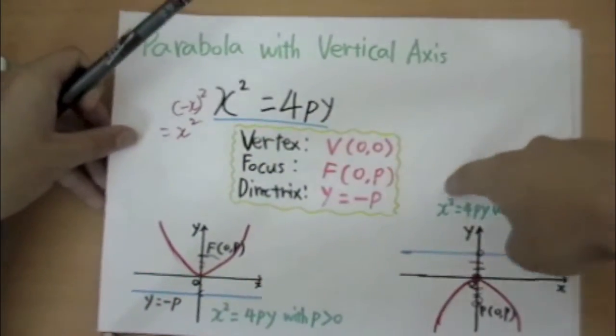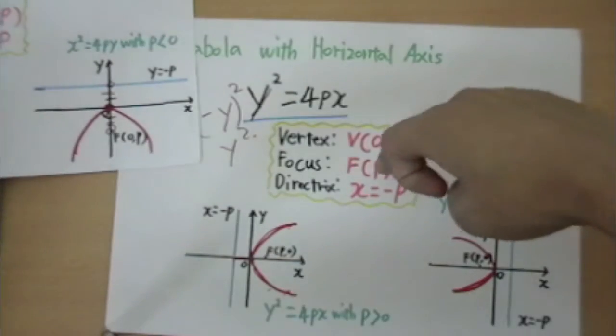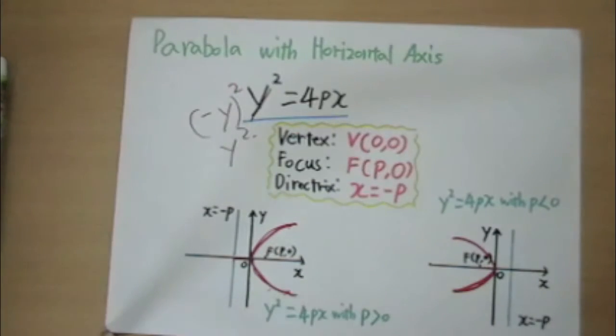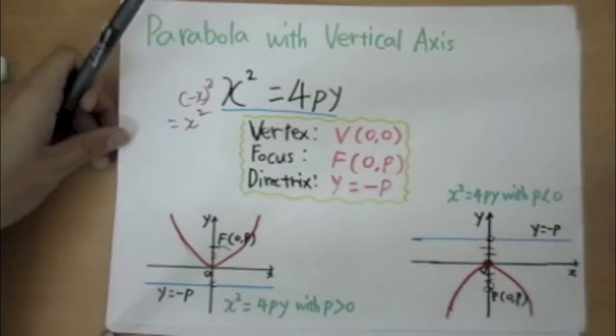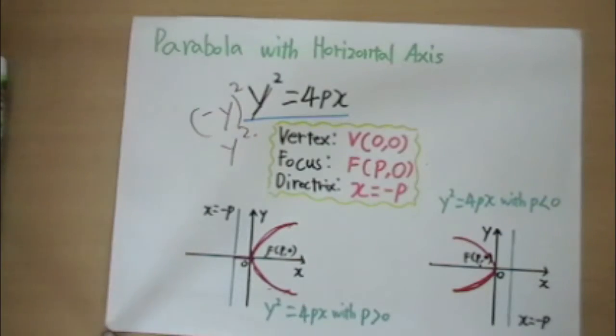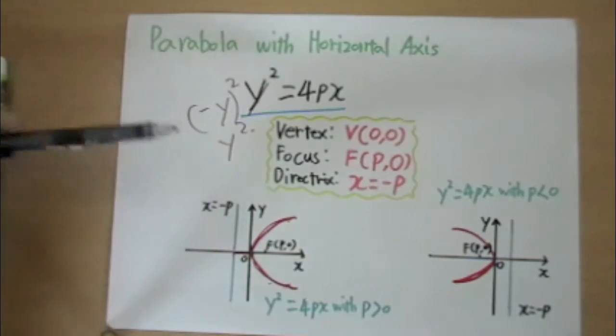Last time, with the vertical axis, it was 0,p. The directrix is x equals -p. Last time, in the vertical axis, it was y equals -p. And you can see 2 graphs right here.